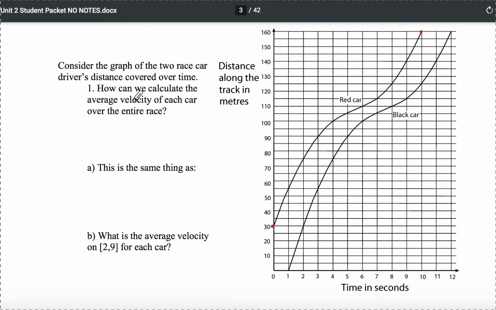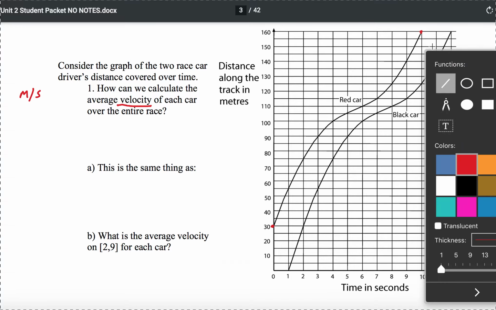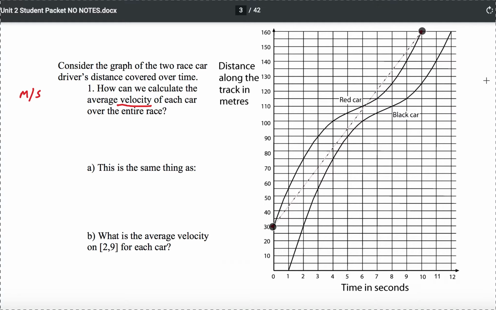If I want to know velocity, I know that is measured in things like meters per second. So that sounds like a slope. So if I take the slope starting from here until here, I should be able to find the average velocity of this red car.